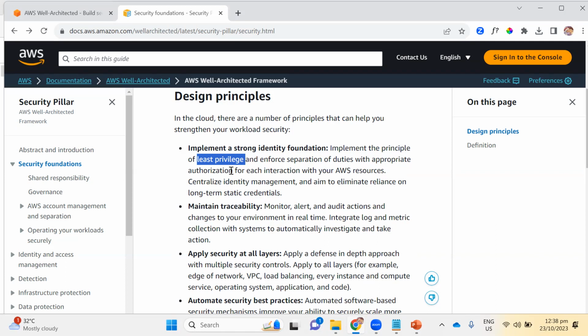Do I need to have view access or do I need to be able to see their credit card number? No, I should not. And why should I not? Because I am a DB admin. I have to keep the database up and running, right? Why should I have access to their credit card numbers or their home address and other things?